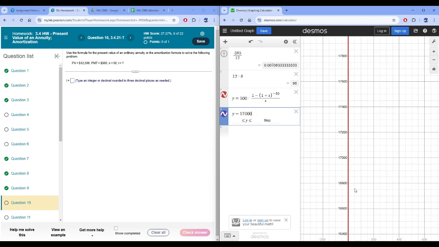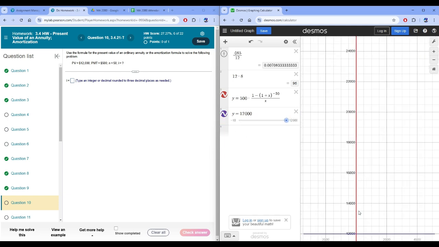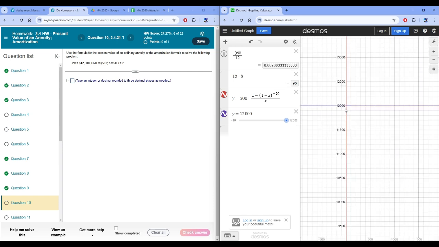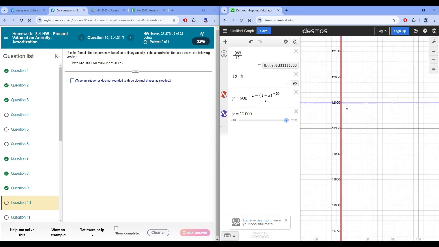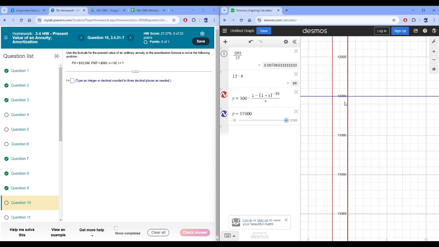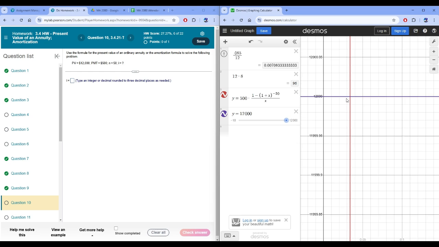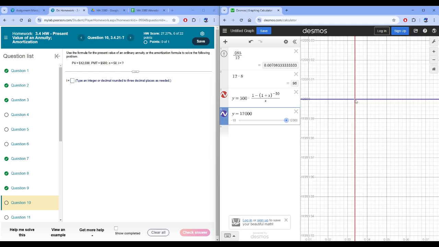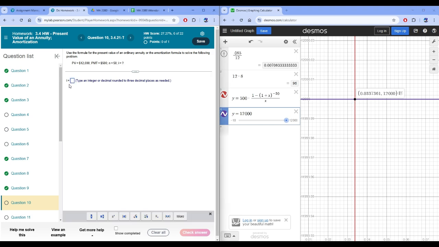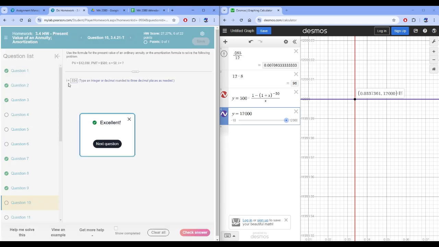And now let's just zoom out so we can find the intersection. It'd be a very, very small decimal. Was that 0.034? 3 decimal places. 0.034. Cool.